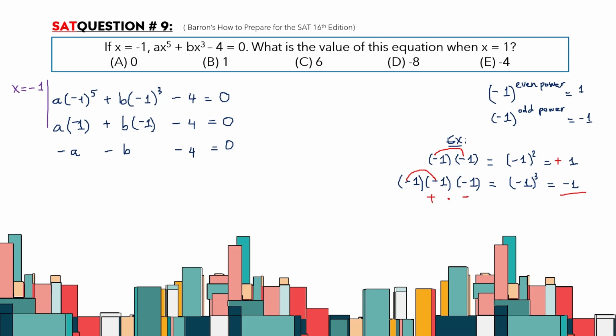Okay, so now we have this one as a guide. Key point: they said if x equals 1, find the value of these equations. So we have to plug in x equals 1.